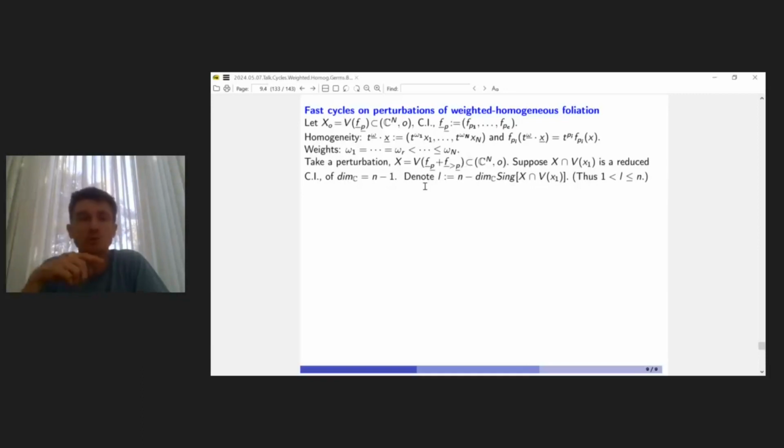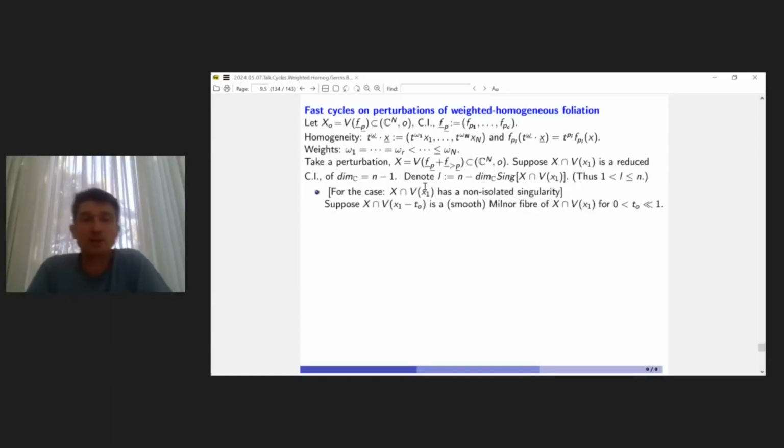As before, denote the codimension of this singular locus by L, some invariant. Now we need to add additional assumptions. If this intersection has a non-isolated singularity, we should assume that as we deform the hyperplane a little bit, we get a smooth Milnor fiber. This is needed when the intersection has non-isolated singularity. If it has an isolated singularity, then this assumption is not needed.